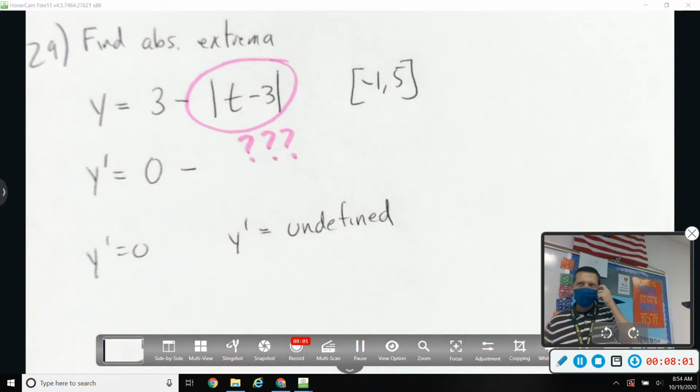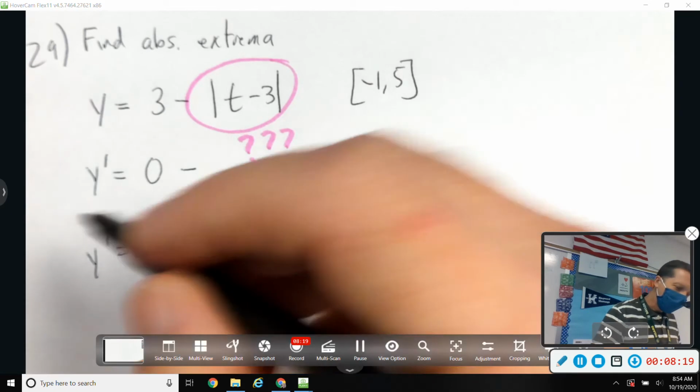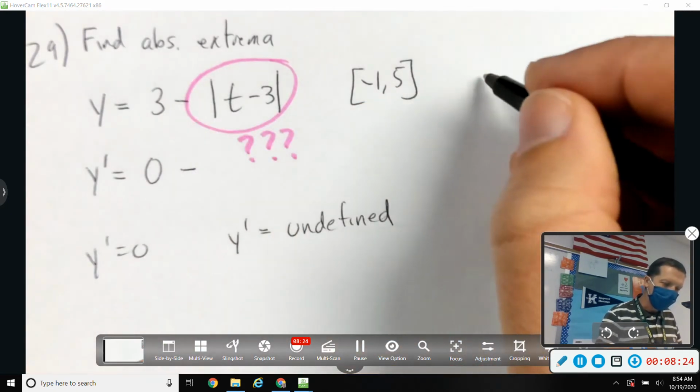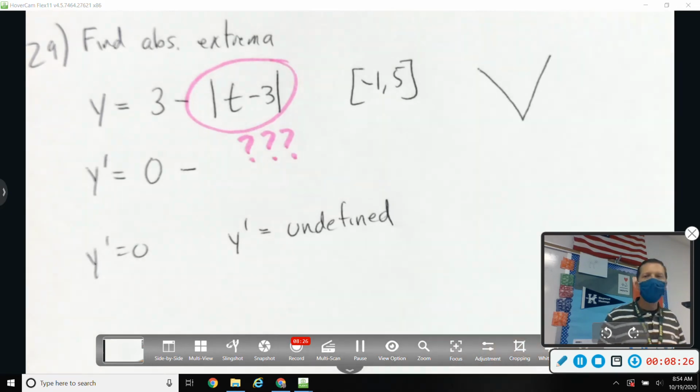Okay, well, let's think concept here more than process. What's the key signature thing that goes on with the absolute value graph? What's the graph look like? Yes, the V. This isn't exactly that graph because it's minus and it's shifted around, but somewhere this thing has a V in it.